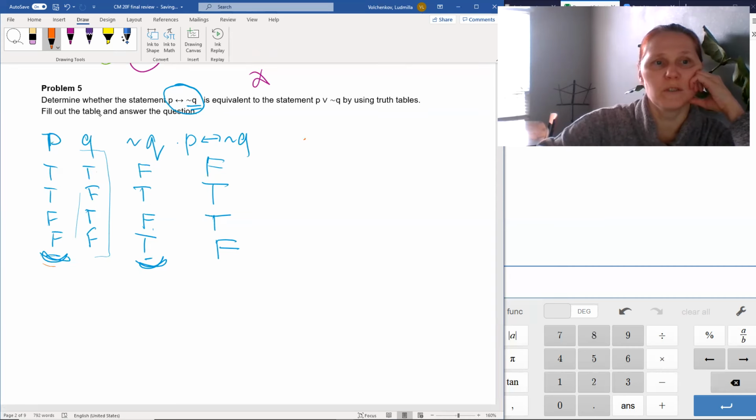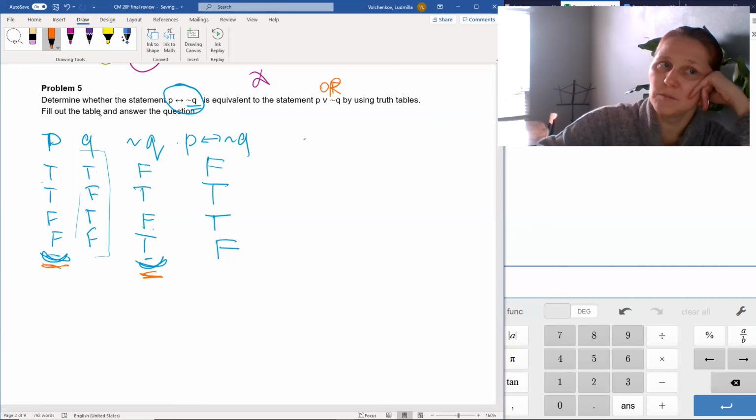We also compare these two columns. This time we have or. Or is true if at least one is true. So in the first line, P is true, so P or not Q is true. In the second line, both P and Q are true, so the or is also true.